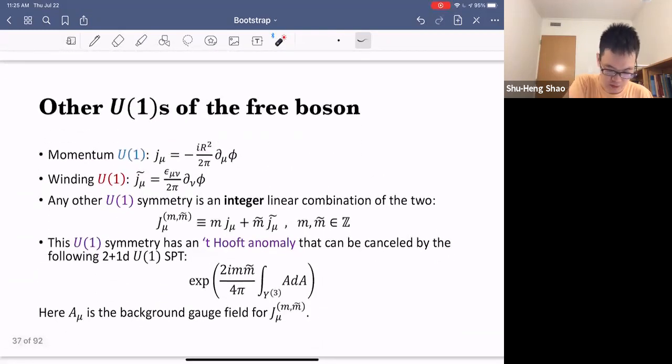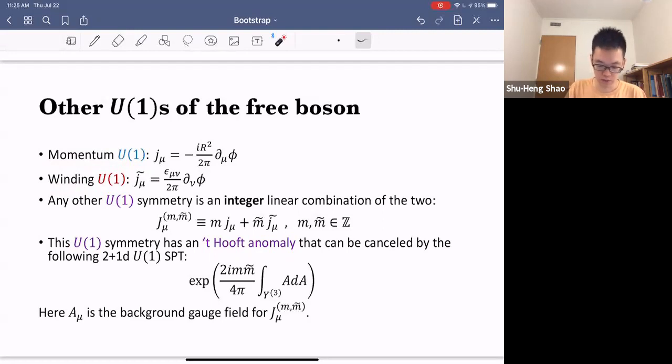Now I want to make another comment, which is about the global symmetries in free boson CFT. At any radius r, we have talked about a momentum U1 and a winding U1. But usually we also hear people saying that there's a left-moving U1 and a right-moving U1. I think it's useful to figure out the relation between them.